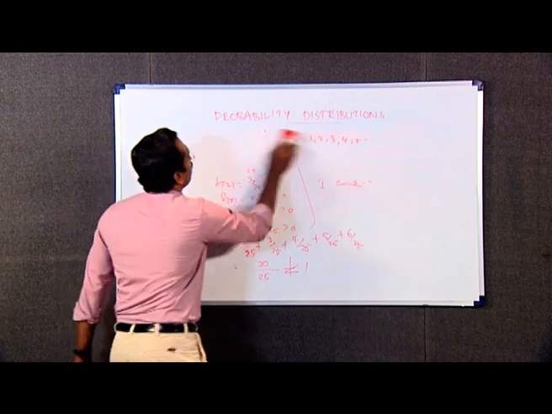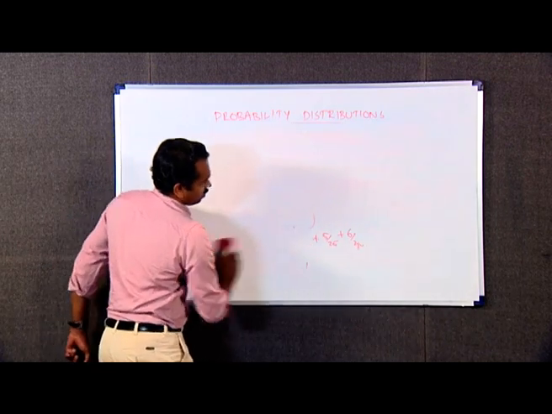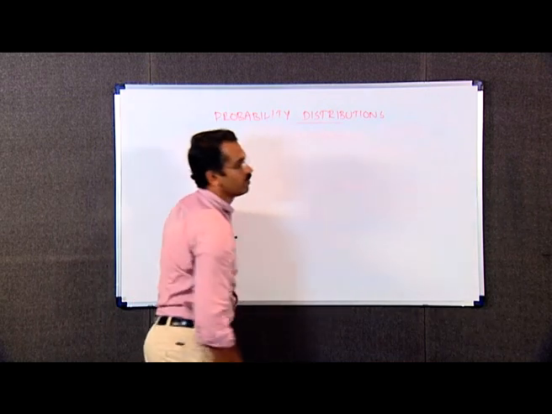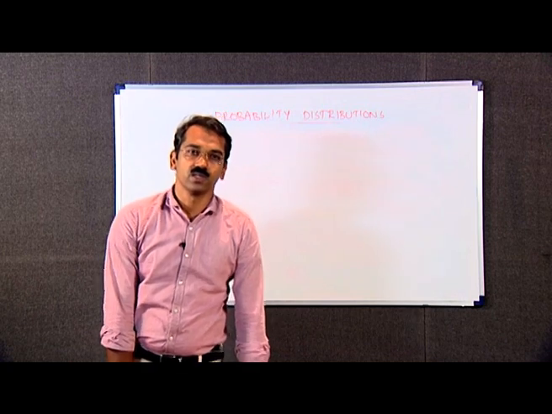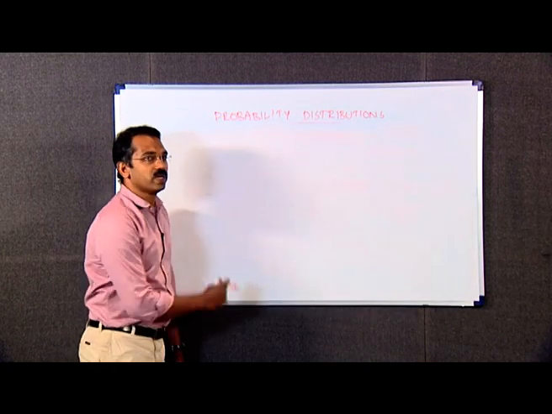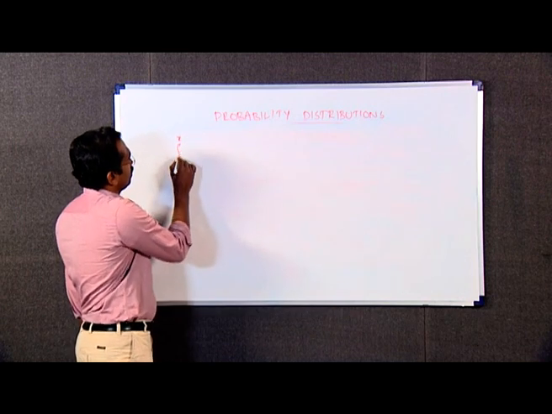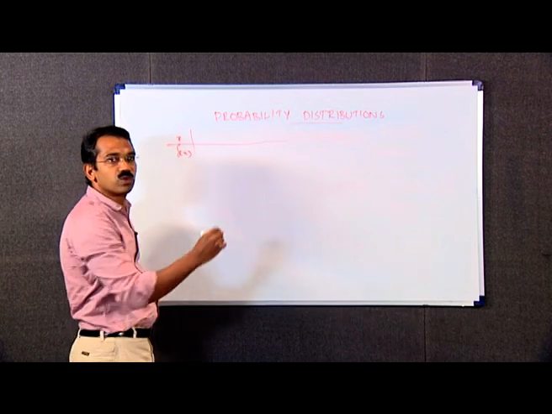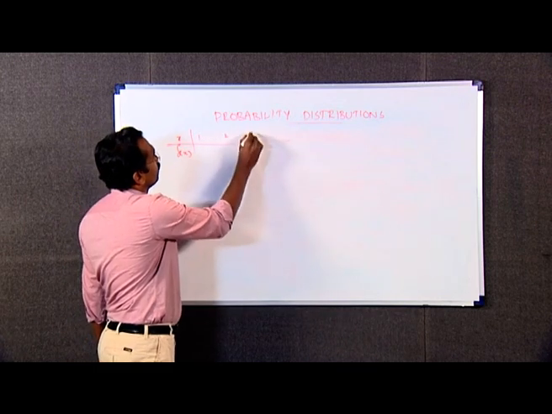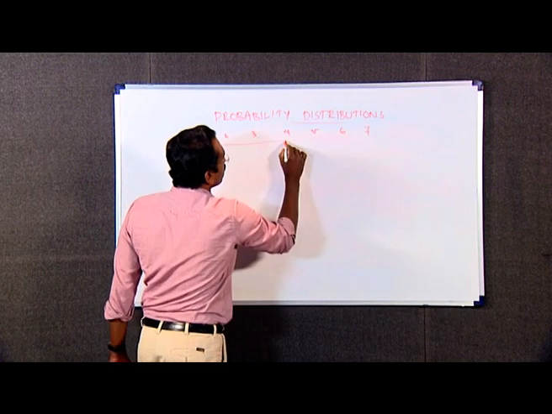Now, we have a problem. We are given a probability mass function corresponding to a discrete random variable capital X. The values of x are 1, 2, 3, 4, 5, 6 and 7.